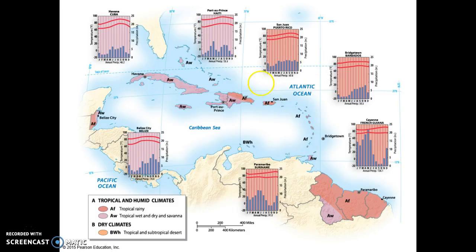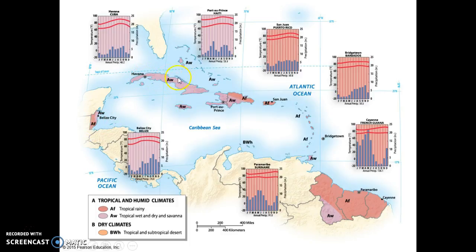Here's the climate. It does not vary very much in this small region. Basically, we have two tropical rainy climates or tropical humid climates for the most part. We have the Af climates, which are the very rainy climates in South America and some of the islands here and in a lot of Belize.